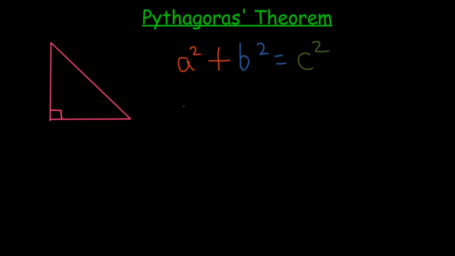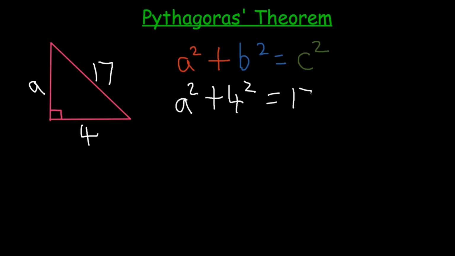Now let's do one where we know the size of the hypotenuse and one of the other sides. Let's call that 4, and let's call this side A. So we know that A squared plus 4 squared is equal to the hypotenuse squared.